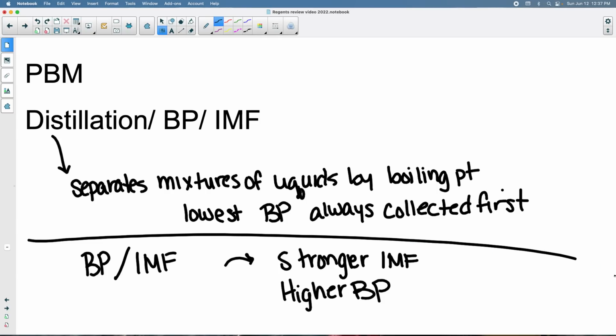So the one that would be collected first in distillation would also have the weakest intermolecular forces of attraction.